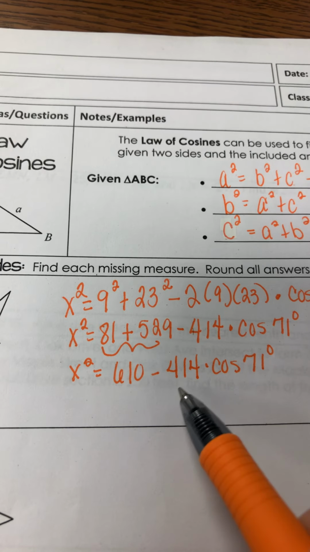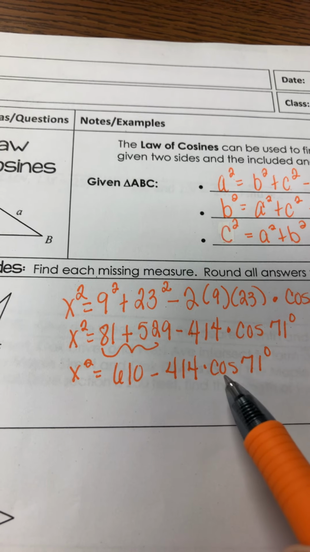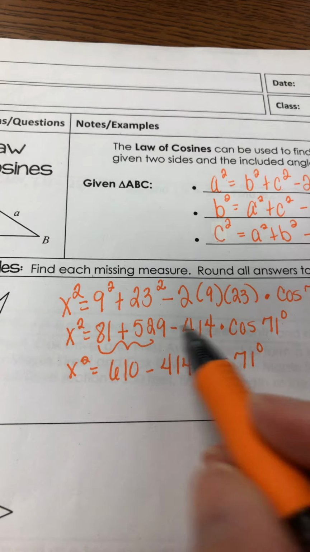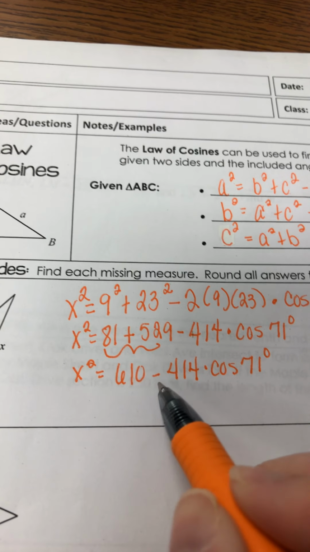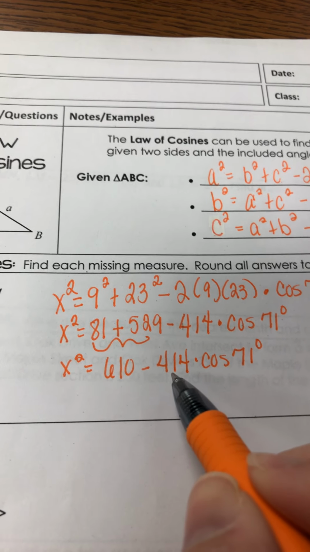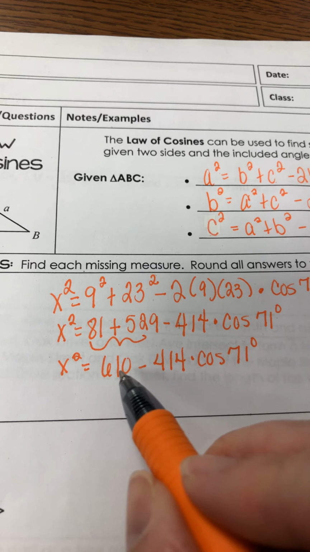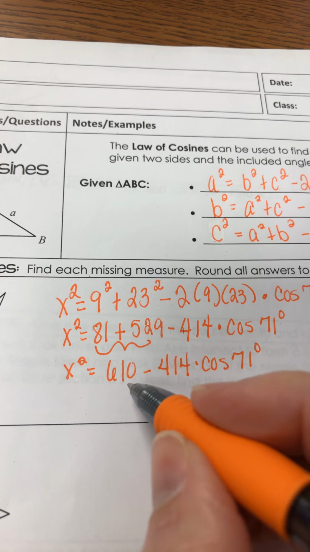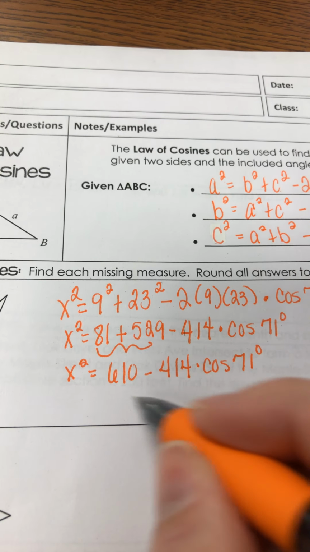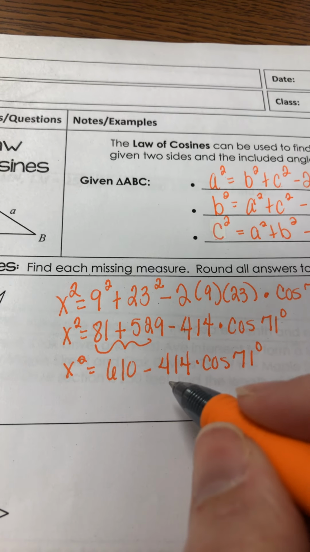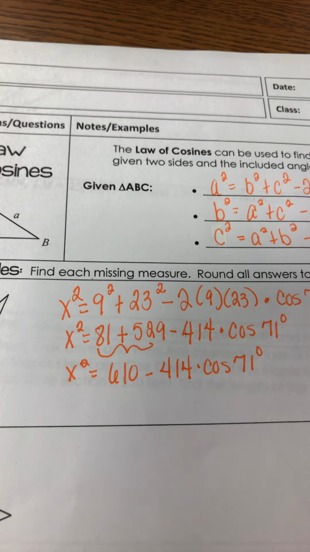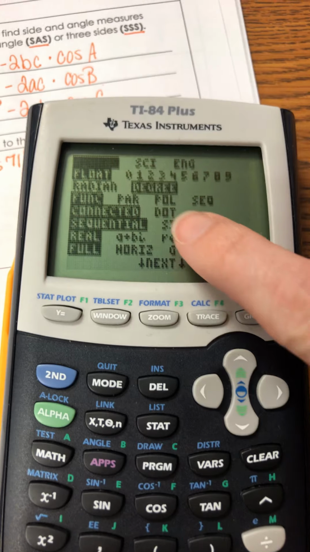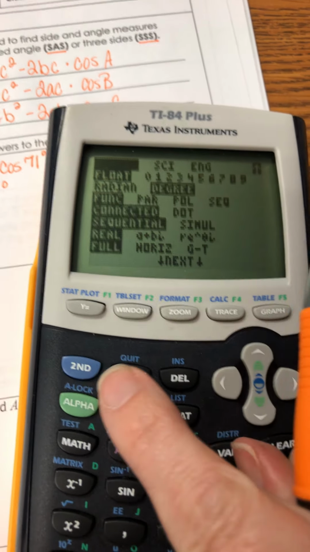Now, 414 is being multiplied by the cosine of 71 degrees, so you can't take 610 and subtract 414, okay? Because that would be like 610 minus 4x. It's attached to something. All right, so I'm going to take all of this and plug it into my calculator to figure out what x squared is. Since I have the cosine of 71 degrees, make sure in mode you're in degree mode.